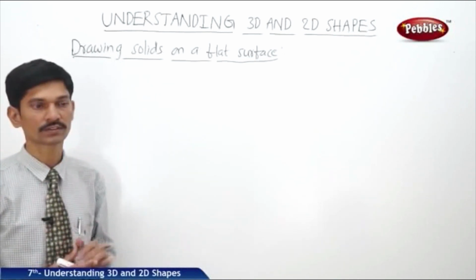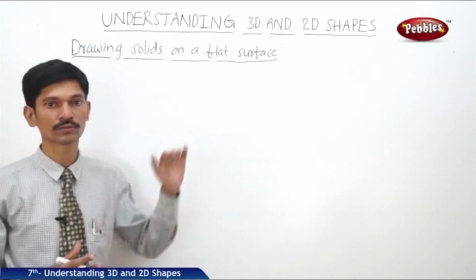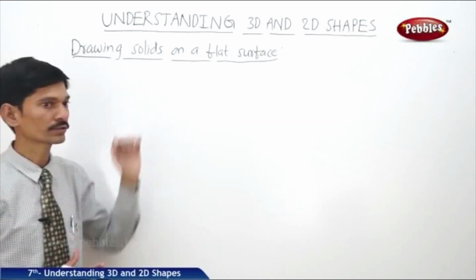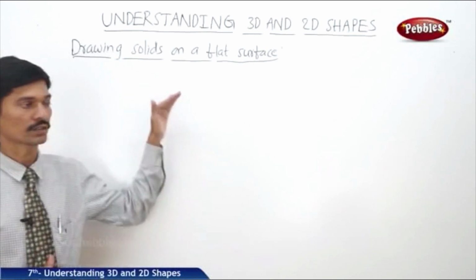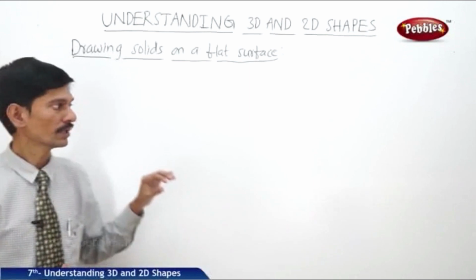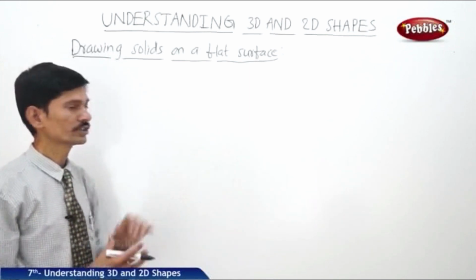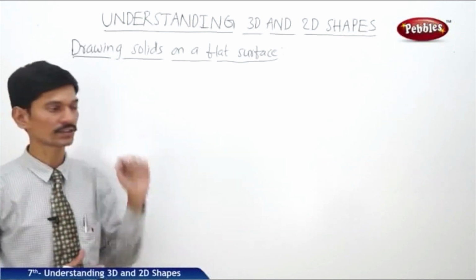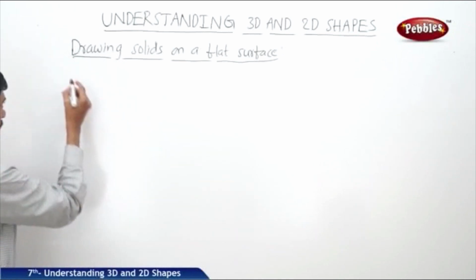So to overcome this problem, we have 2 types of drawing. Those 2 are oblique sketches and isometric sketches to show the actual position of the solid on a flat surface. Now the first one is oblique sketches.